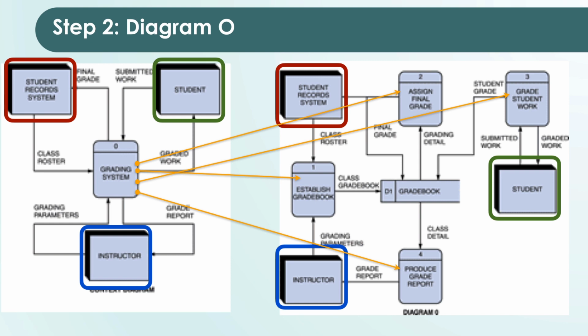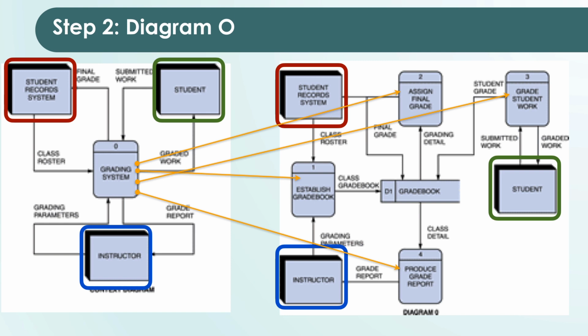In the context diagram, final grade and class roster come from the student record system entity, and you can see in diagram 0 on the right side, the class roster and the final grade came from the student record system as well. So the only difference between the context diagram and diagram 0 is the number of processes.